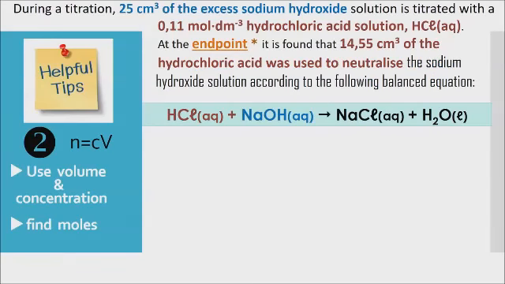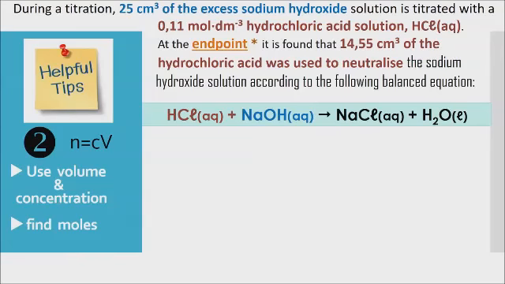Now they tell me that during a titration, 25 cubic centimeters of excess sodium hydroxide solution is titrated with 0.11 mole per cubic decimeter hydrochloric acid. That's a nice idea.